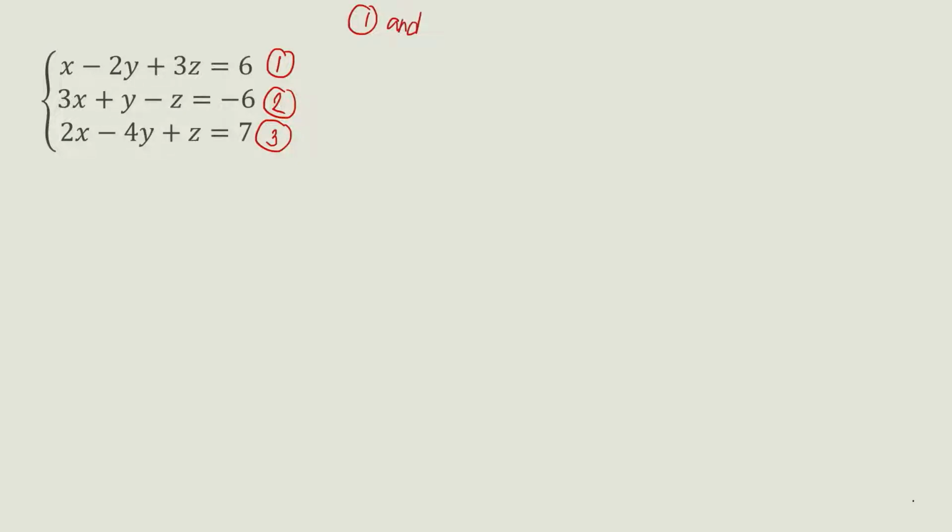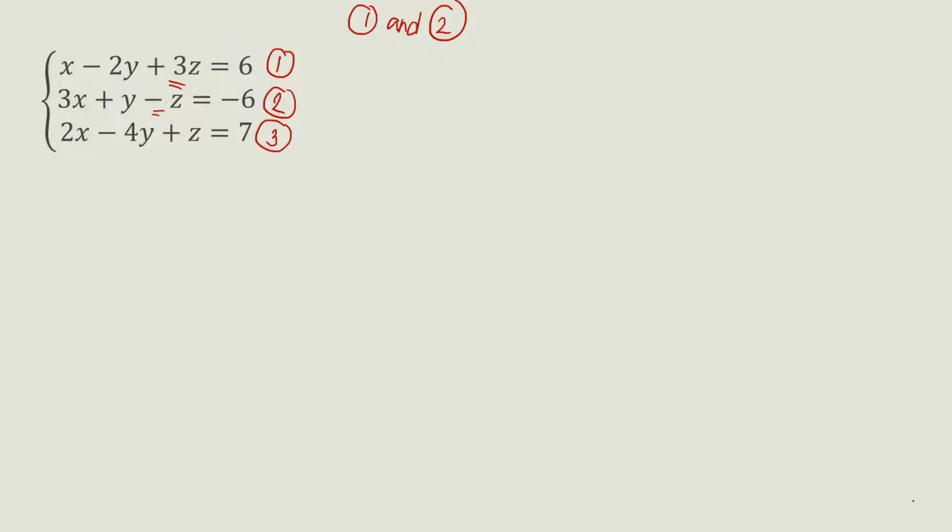Okay, so observe equation 1 and 2. So I will eliminate z, right? So the coefficient of z for equation 1 is 3. And for equation 2, it's negative 1. So I need to make the coefficient the same, right?